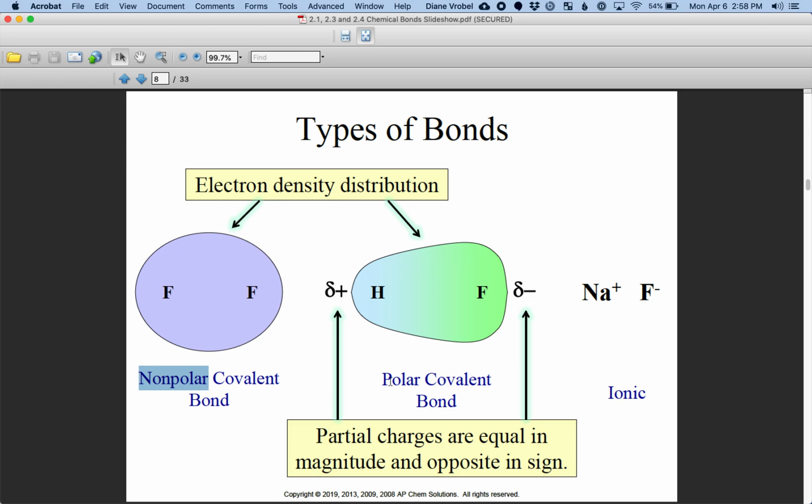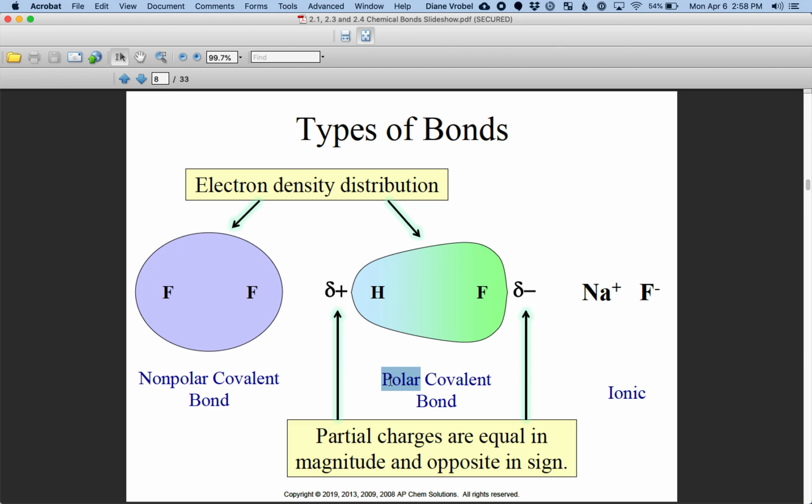Now, when you have a difference in electronegativity, remember fluorine is the greatest electronegative atom, hydrogen not so much. There's enough of a difference that on the left-hand side we have a slightly positive charge versus on the right-hand side we have a slightly negative charge.